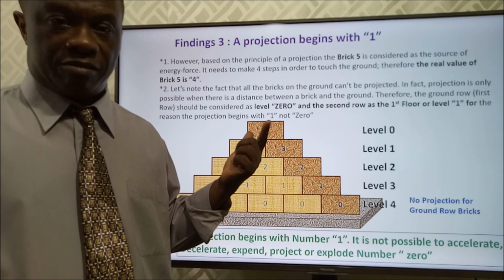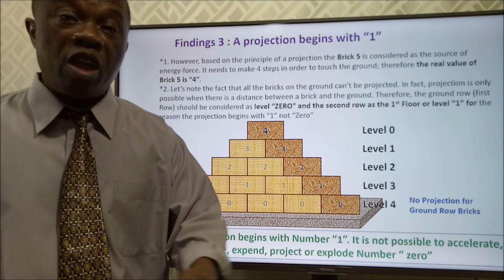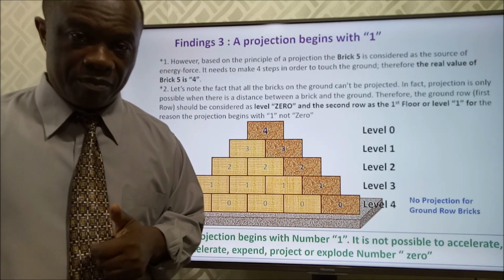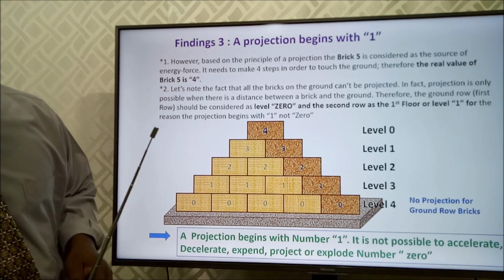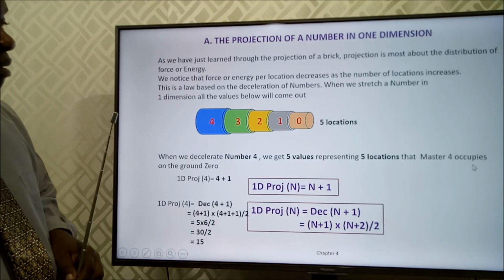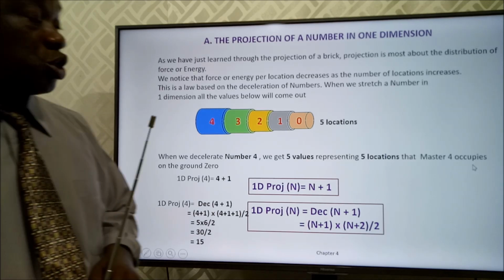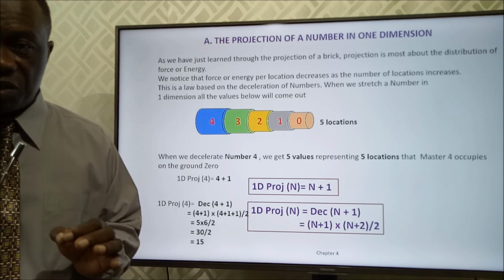We cannot do that with 0. Everything begins with 1. So let's see now exactly how the projection of a number in 1 dimension works.